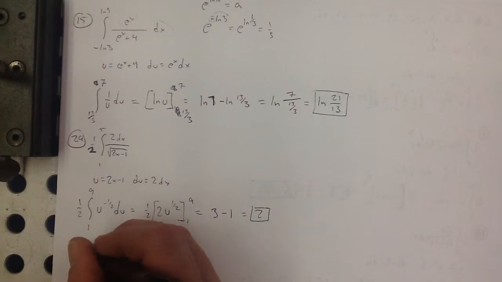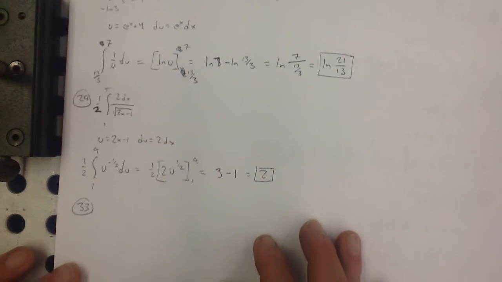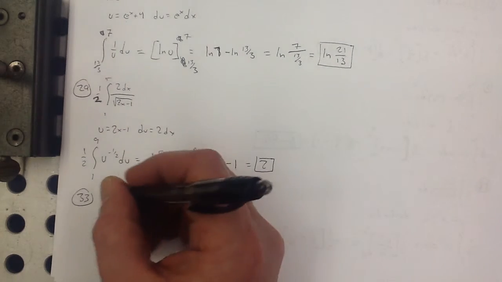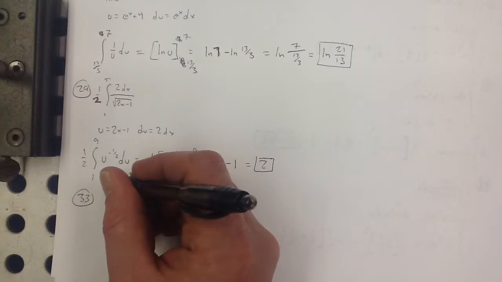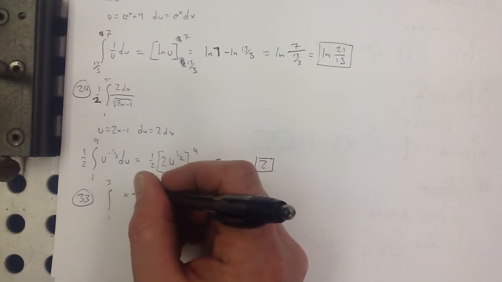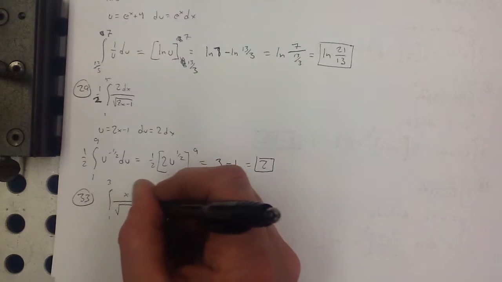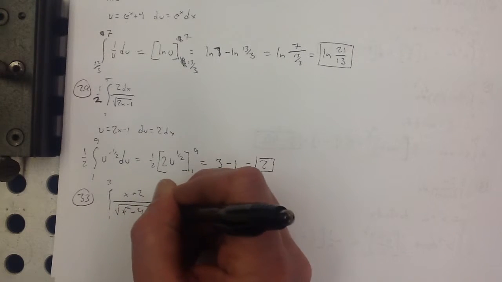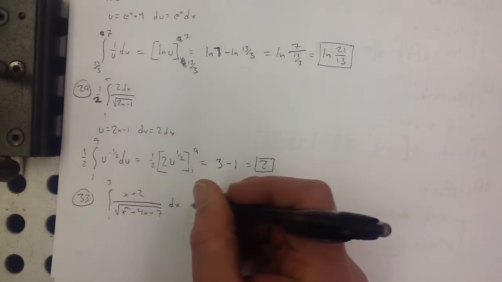Number 33, we've got, that's an ugly looking thing, 1 to 3 of x plus 2 over the square root of x squared plus 4x plus 7 dx.